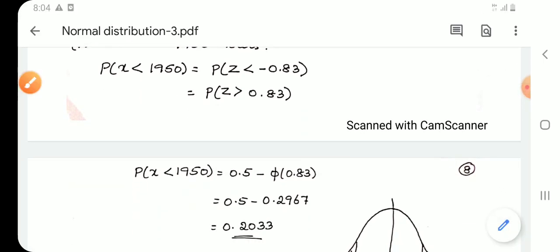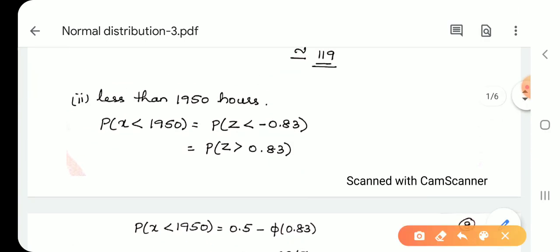In the next problem, we have to find the number of bulbs with a lifetime less than 1950 hours. If I write in terms of Z, it is P of Z less than minus 0.83. We know that both sides of the bell curve along the line x equal to mu are exactly symmetrical.